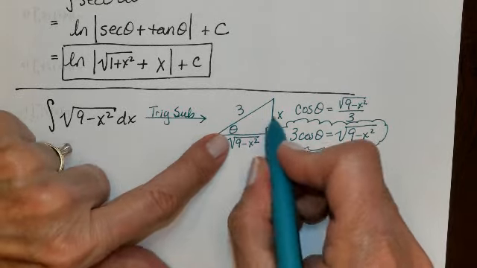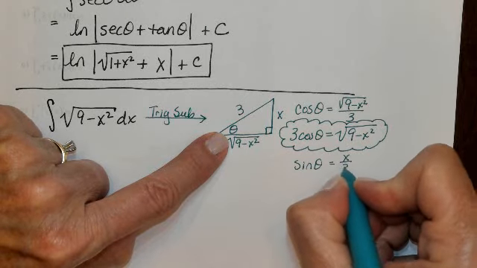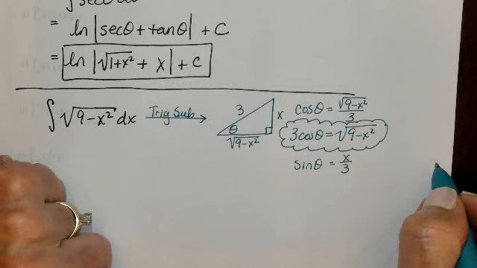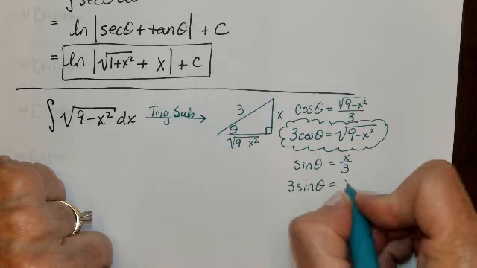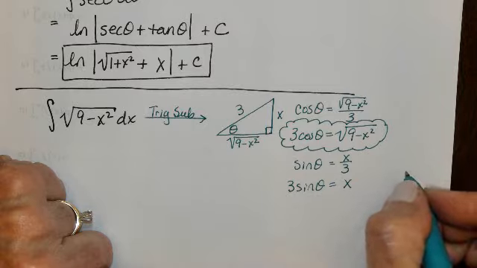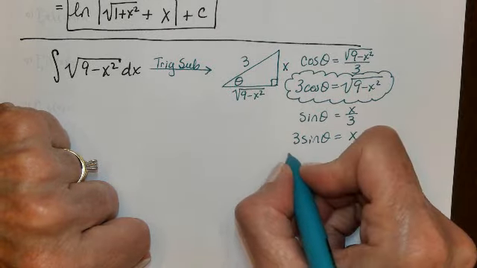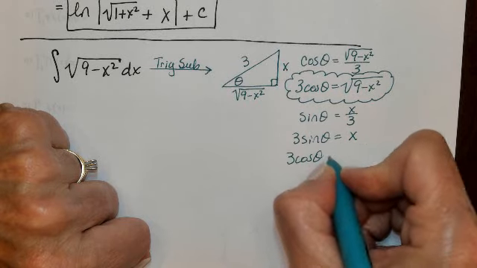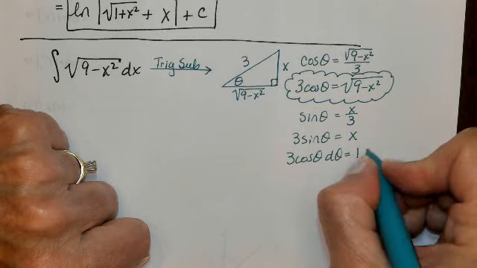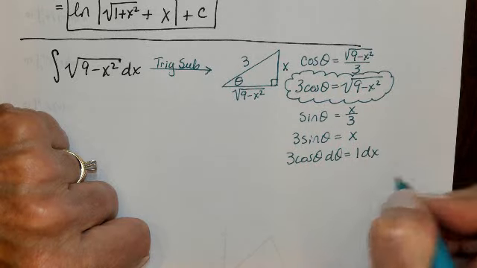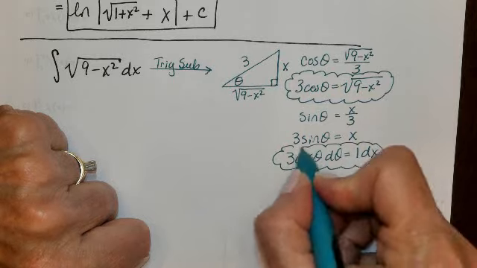So I'm going to use sine, because sine of theta is x over 3, opposite over hypotenuse, which means 3 sine theta is equal to x. Now take the derivative of both sides with respect to x. So we'll have 3 cosine theta d theta dx is equal to 1, but now I'm going to multiply both sides by the dx. So there is what I can substitute in place of the dx.